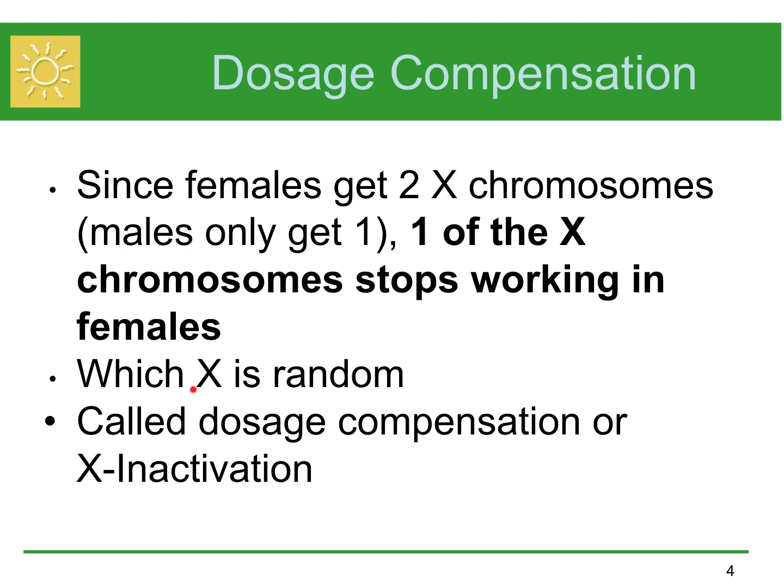Whichever X stops working is completely random, and they can alternate throughout time. Just because maybe the X from your biological father has stopped working doesn't mean that later in life it won't change. This X that stops working is called dosage compensation or X inactivation.